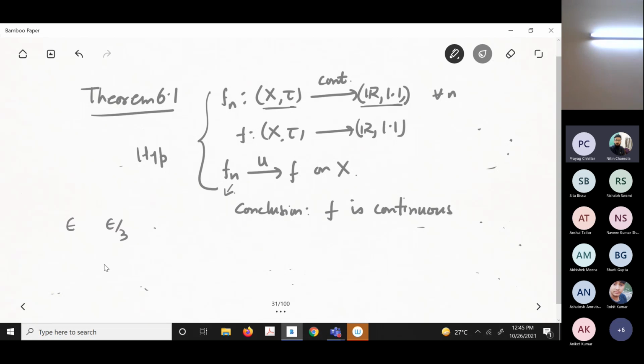So by using the triangle inequality, I have got epsilon by 3 plus epsilon by 3 plus epsilon by 3, equal to epsilon. If you don't take epsilon by 3, you'll get epsilon plus epsilon plus epsilon, which is 3 epsilon. Still it is fine, because epsilon is arbitrary. There is no difference between 3 epsilon and epsilon, because I am choosing any arbitrary epsilon. Why I am saying this: it is a standard argument in analysis, and this is called the 3 epsilon argument.